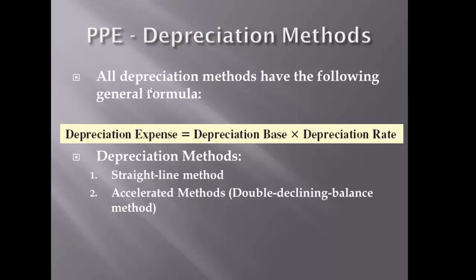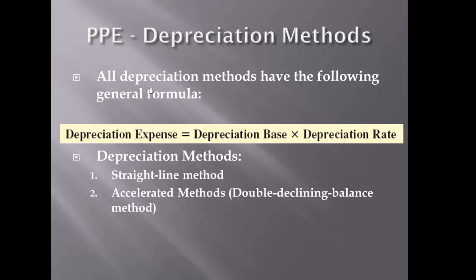Now, if you have higher depreciation deductions in the early years of the asset's life, you are deducting higher amounts in your tax returns. So that reduces taxable income and reduces income taxes to be paid.